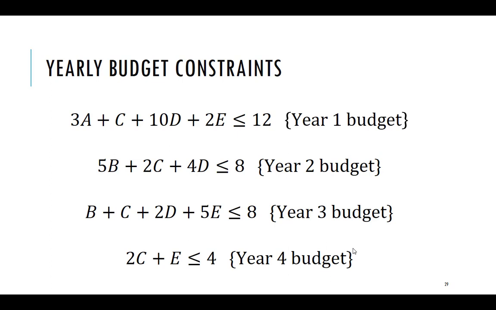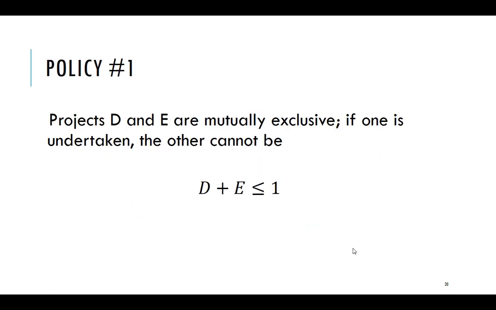So now let's get to the more interesting constraints, the policy ones. Policy number 1 said projects D and E are mutually exclusive. If one is undertaken, the other cannot be. So the way we write this is D plus E is less than or equal to 1. So why do we say less than or equal to 1?